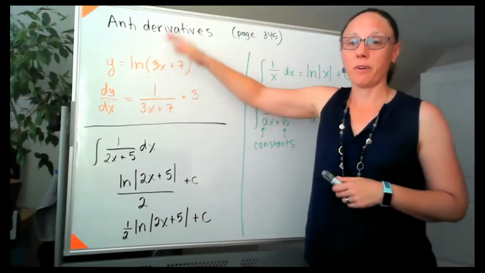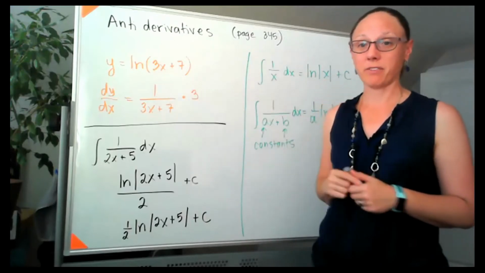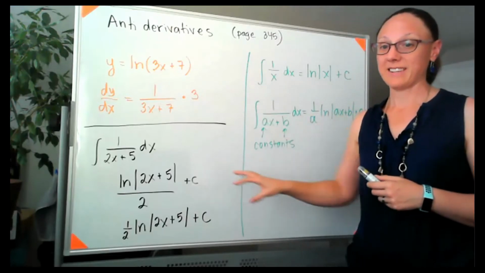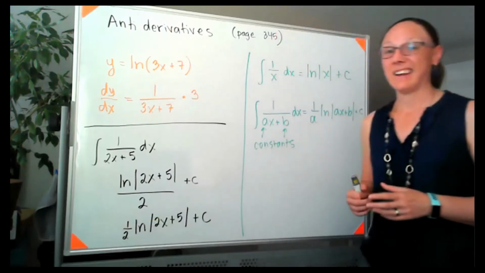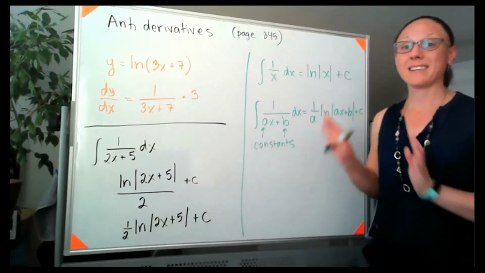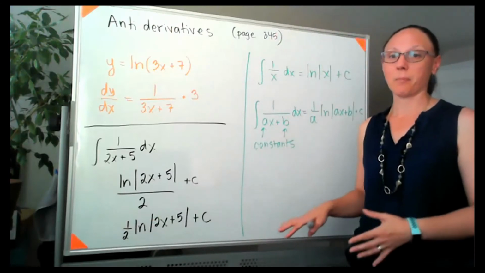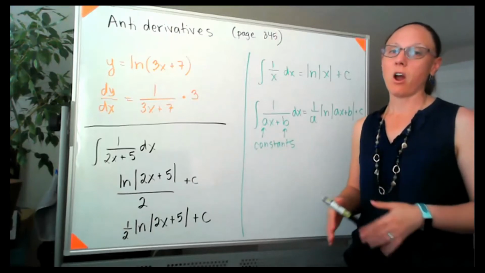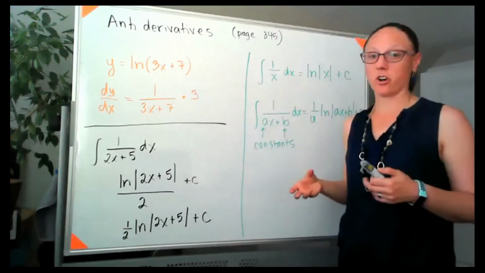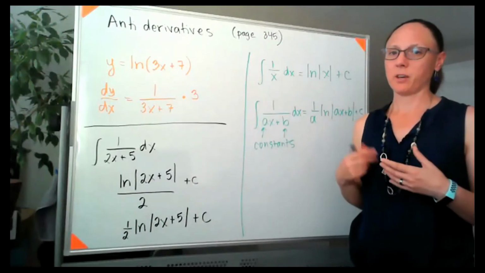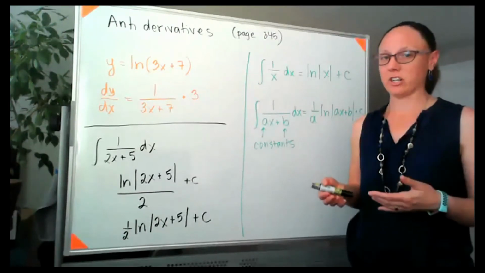When we were taking derivatives, we're multiplying by that for the chain rule. When we're taking these antiderivatives, we're going to divide by it. Now, we want to be really careful. This only works when it's just a number. If it's anything more complicated inside of here than a linear term, then we probably want to be thinking about u-substitution or integration by parts.